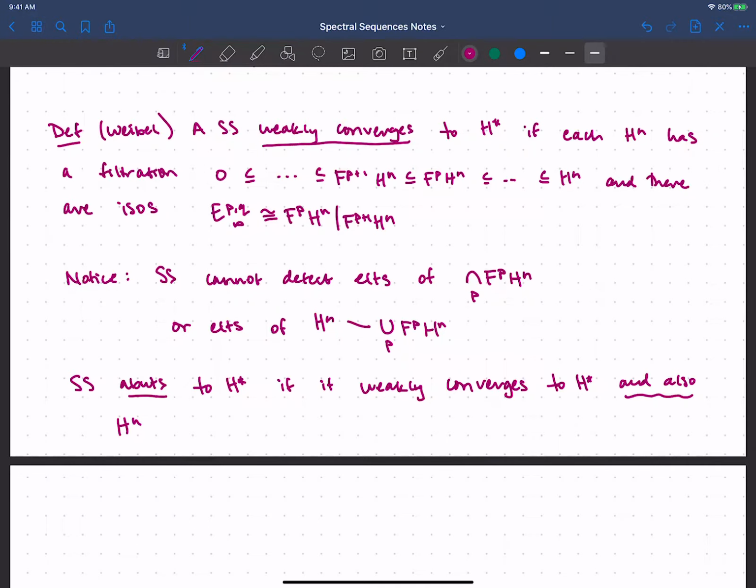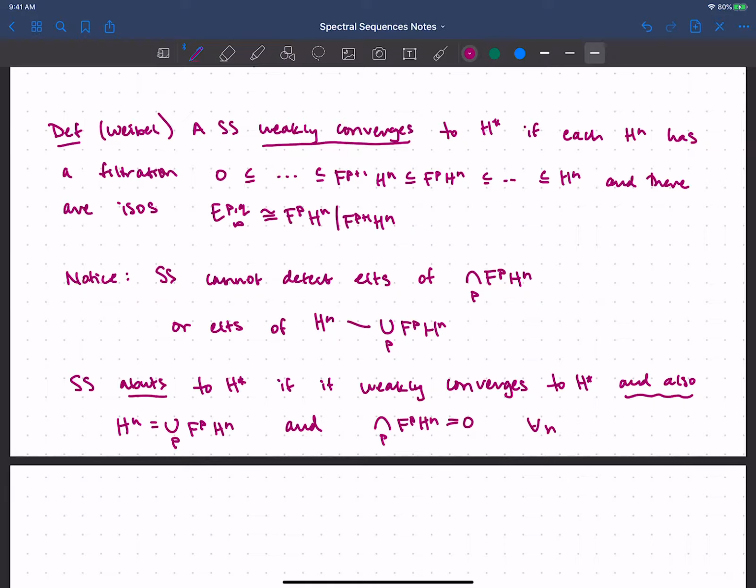So let's make Hn be the union. If you were filtering something else, then throw that thing away and just filter the union. And also, this intersection that we wouldn't be able to see, let's hope that that's 0. So this should be for all n.